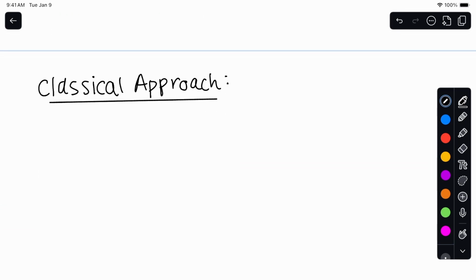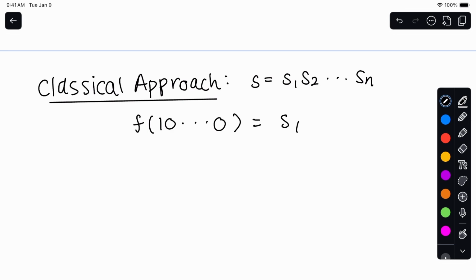So what is our classical approach? Well, we know that s is going to look like this. It's going to be composed of n bits, so s1, s2, all the way to sn. And we can just go through n different bit strings to pick out these elements. So for instance, if we wanted to pick out s1, we would put in the input 1 and then all zeros, because when you do the dot product, it will just give you s1.